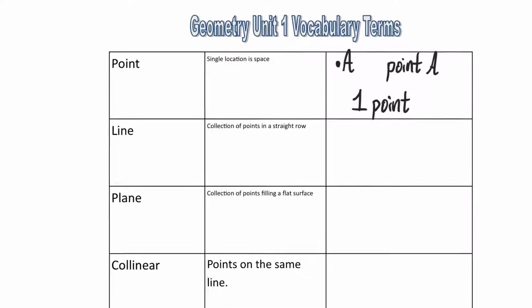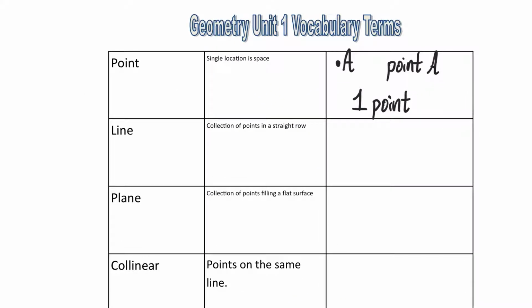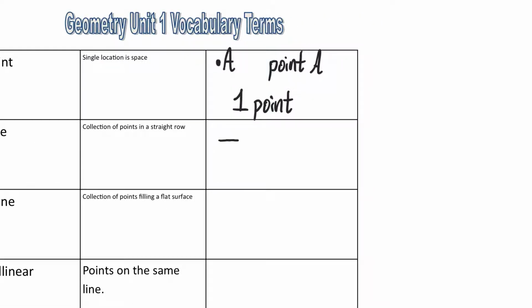Okay, a line is a collection of points that are in a straight row. So like we're going to have like this, and we're going to put Q, R, and S. Okay, so on this line, is there only 3 points, Q, R, and S?